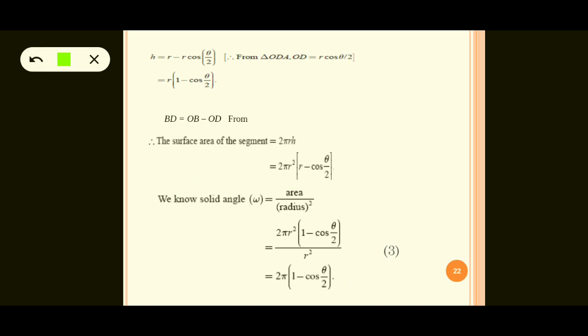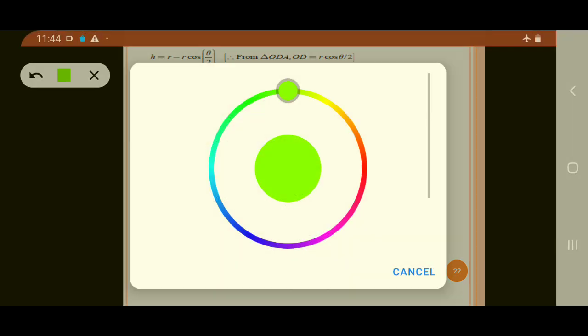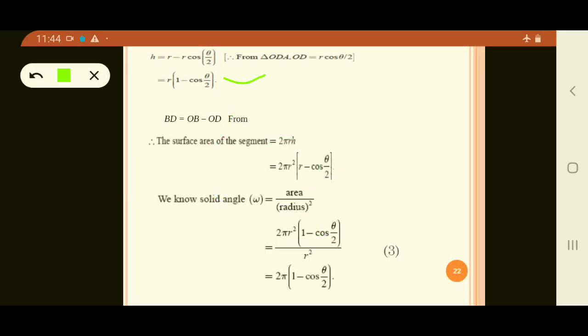So h equals to R, take R as common, 1 minus cos theta by 2. Next, the surface area is 2 pi R square into 1 minus cos theta by 2. And the solid angle finally, what is the equation? Area by radius square. So 2 pi into 1 minus cos theta by 2.